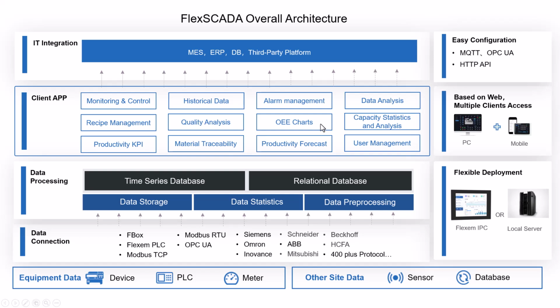You can also save this data to the third-party platform or other database, or send this data to MES system or ERP system by MQTT or OPC UA. For FlexSCADA, this project can also be accessed by the web browser or the mobile or tablet.